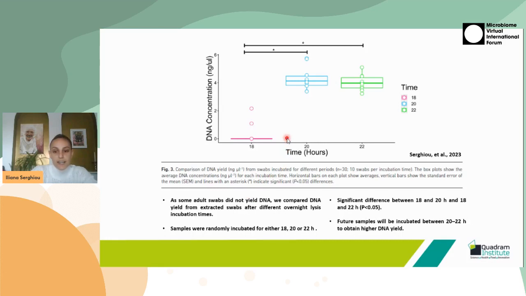What you can see here is that there was a significant difference between 18 hours and 20 hours and 18 hours and 22 hours in terms of the DNA yielded. From 20 hours onwards, the DNA concentrations yielded are very consistent. So future samples should be incubated for 20 to 22 hours to obtain this higher DNA yield.